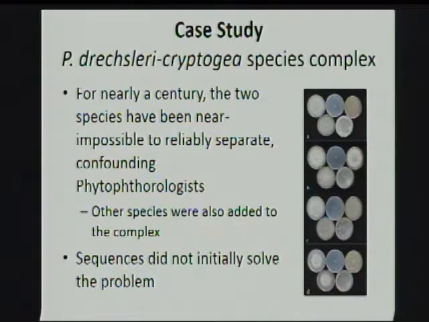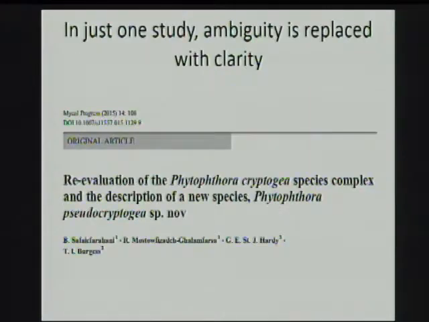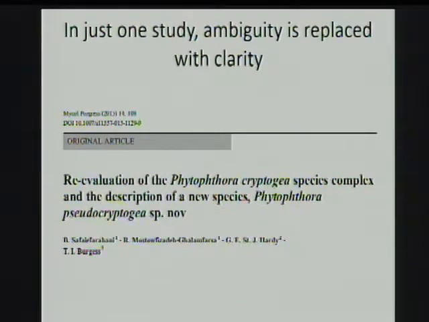And of course, there are still plenty of species complexes where that is exactly the case. But in 2015, this excellent study came out that really replaced nearly 100 years of ambiguity with a lot of clarity. And all of a sudden, we can really sort them out, and we can start to make sense of a group that has really been fuzzy for its entire existence.